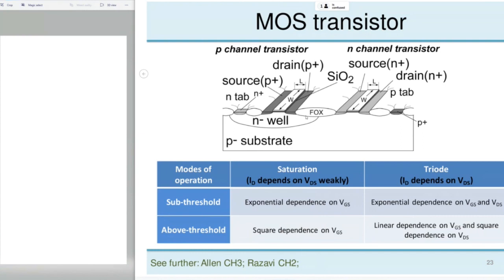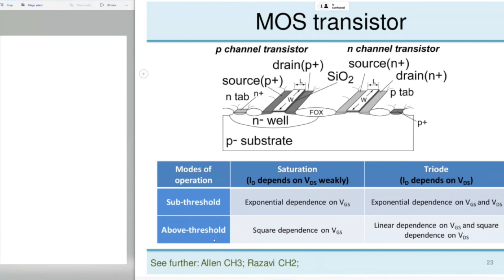This is the saturation. And then in the triode region, the current depends on the drain source voltage. You know this. And then for saturation and triode region, we also distinguish two main regions depending on the channel. So either in subthreshold or above threshold. And this is given, of course, by the gate source voltage. Either the gate source voltage is below the threshold or above the threshold.